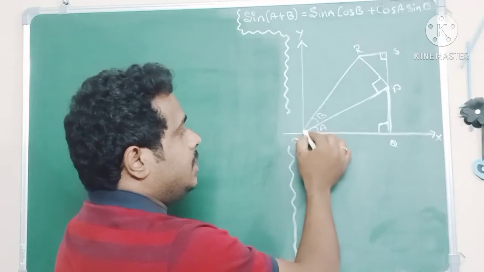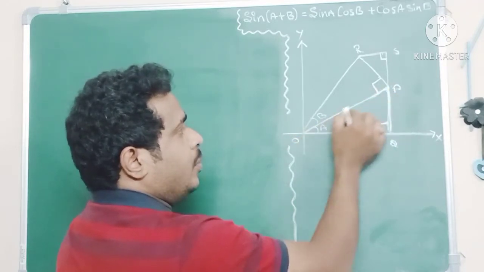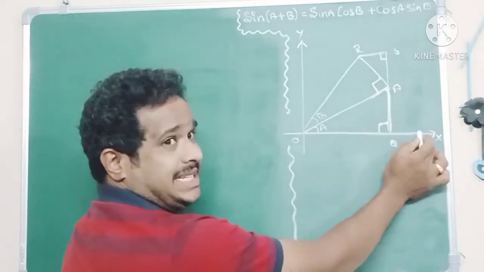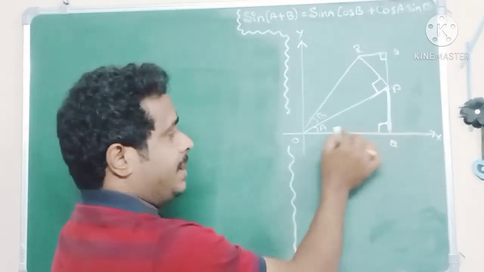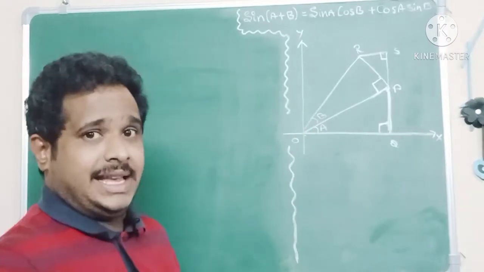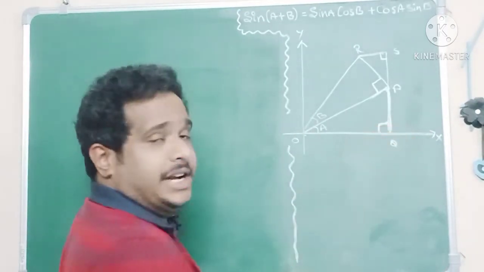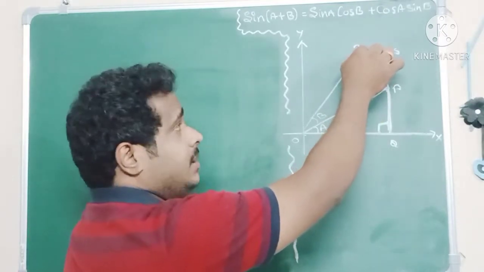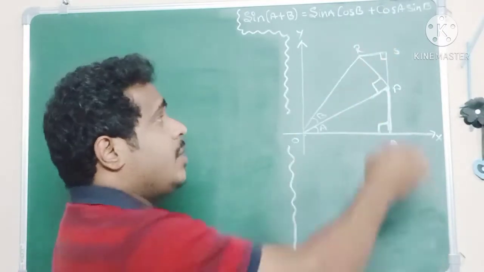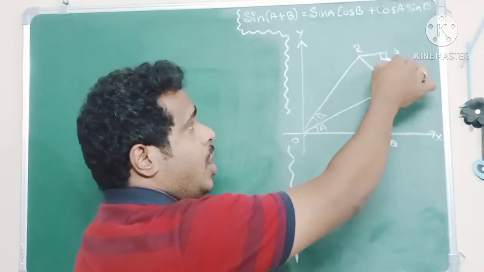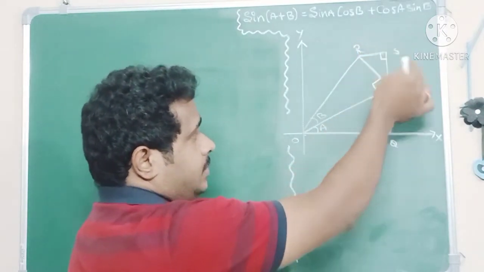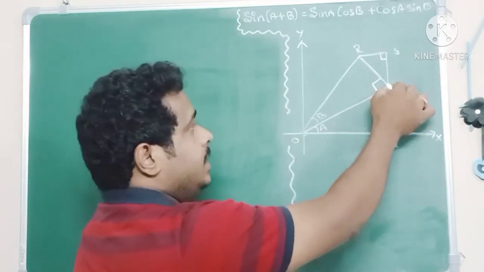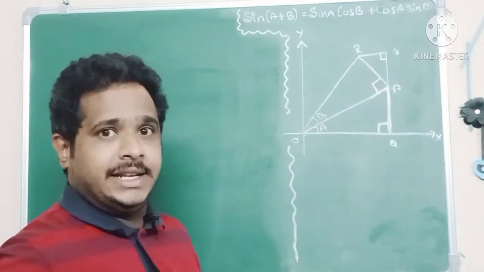join P through the origin, OP, and from P draw a perpendicular on the x-axis, that is PQ is perpendicular to the x-axis, and here it is 90 degrees. Next, from point R, draw one more perpendicular on OP, meaning here the angle is 90 degrees.